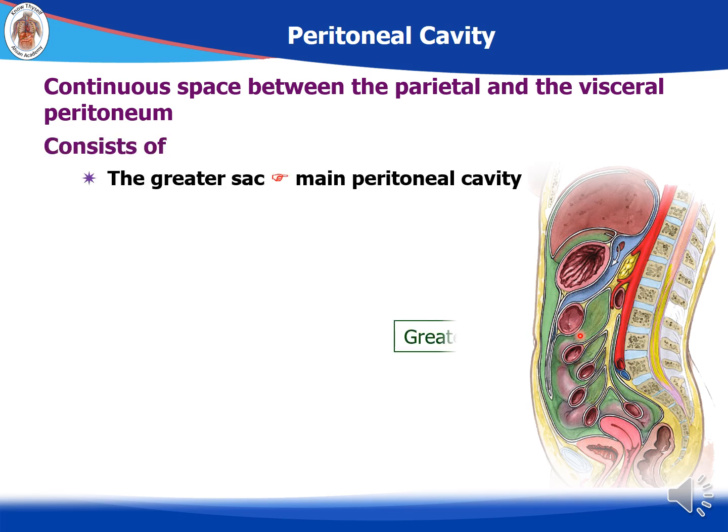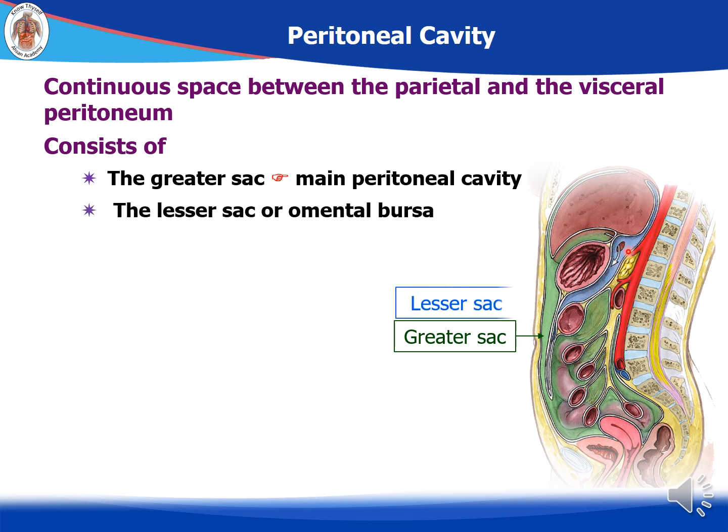So this cavity is a very large cavity, already we have discussed, the greater sac, and a small part trapped behind the stomach is known as the lesser sac or omental bursa. They are connected by a small opening known as the epiploic foramen.